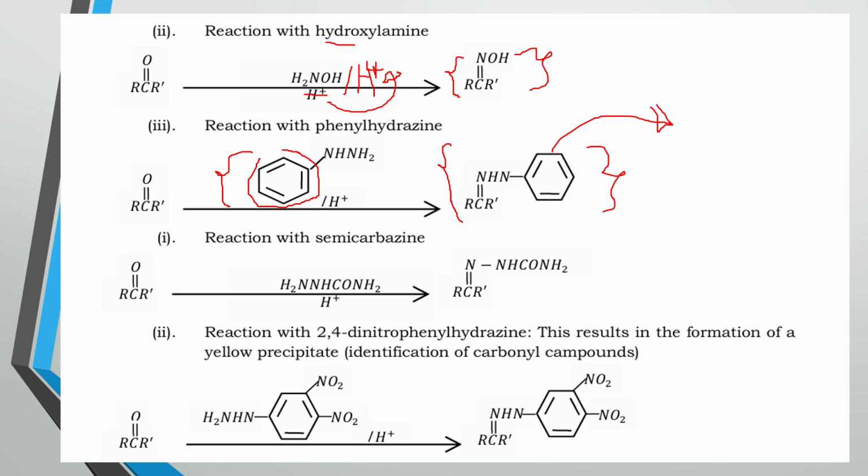semicarbazide. Now, one thing we should note here when you're using semicarbazide is that the nitrogen atom which is close to the carbonyl carbon group does not engage in the mechanism, or does not donate any of its hydrogen atoms, but rather the nitrogen atom that donates its 2 hydrogen atoms is the nitrogen atom which is not attached to the carbonyl carbon group.